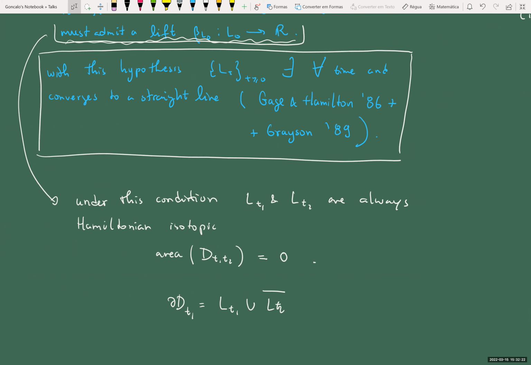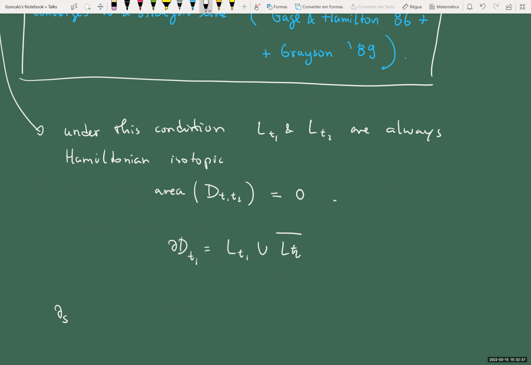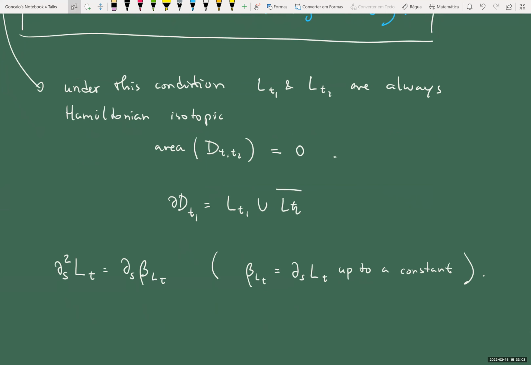Is there any relation between this beta and the Hamiltonian inducing the flow? So this d_s squared L_t is going to be d_s of beta L_t. So basically, beta L_t is, up to a constant, d_s L_t.